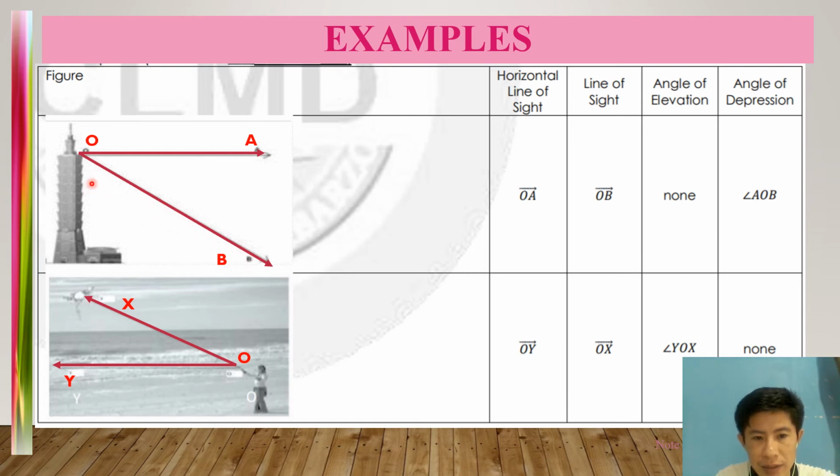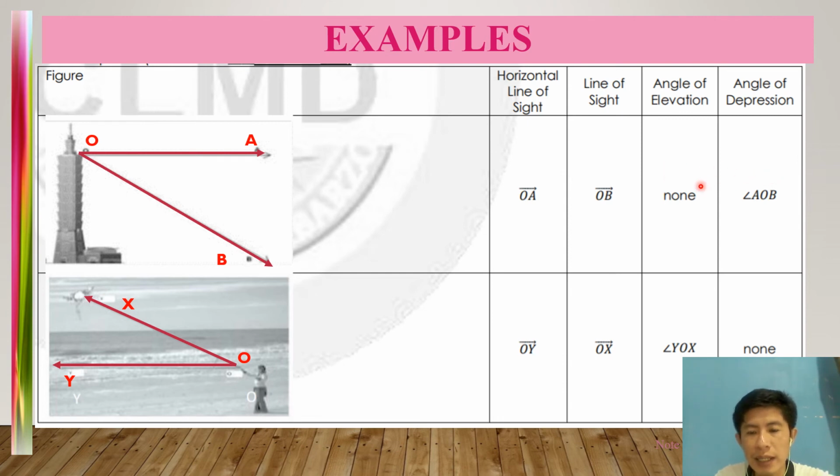Okay. So, that is OB. Magsisimula ulit tayo sa O. So, ray OB. Since pababa siya, that is line of sight below the observer. Nasa baba. But no need to specify. Lalagay lang dyan is OB. Ray OB.